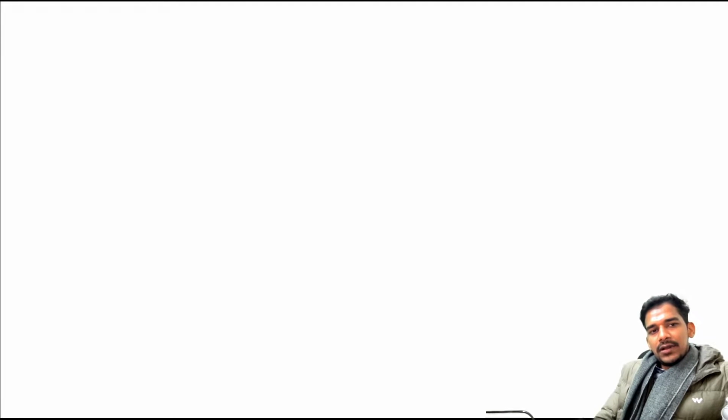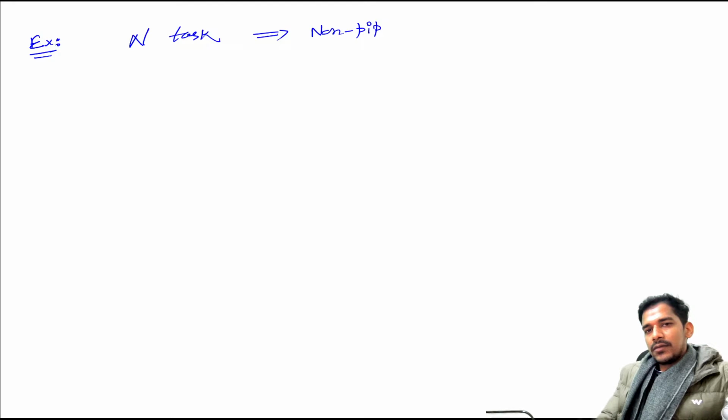So for example, let us say we have n tasks that we want to execute, and let us say we have a non-pipelining processor which takes 5 cycles per instruction.